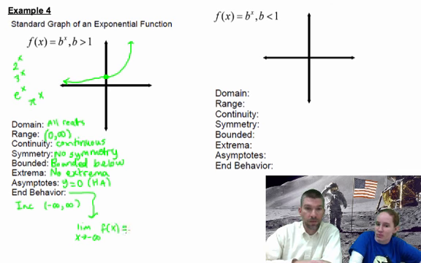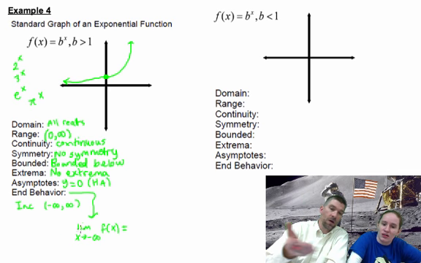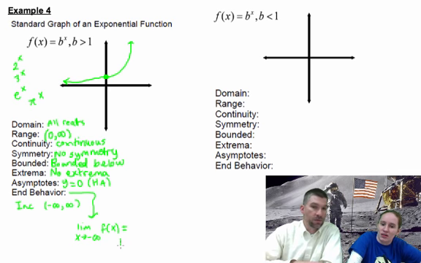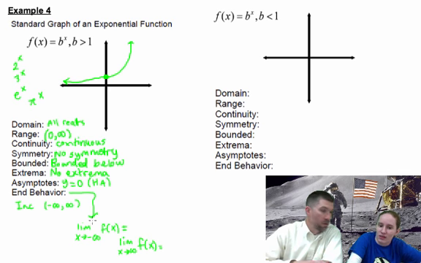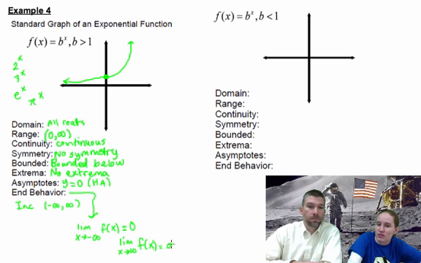Or do we want both ways? Well, if you go towards negative infinity, that's your horizontal asymptote, which would be 0. So I think in this case, it's okay to look at the side that's going up. So when we go towards negative infinity, it's going towards 0. When we go towards positive infinity for x, we're going towards positive infinity. That's how it goes.